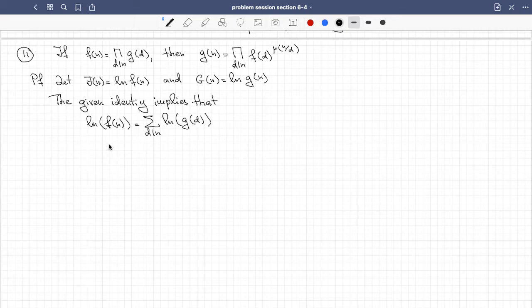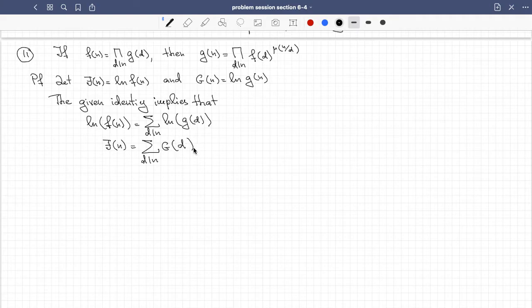In other words, capital F of n is equal to sum over divisors d divides n of capital G of d.